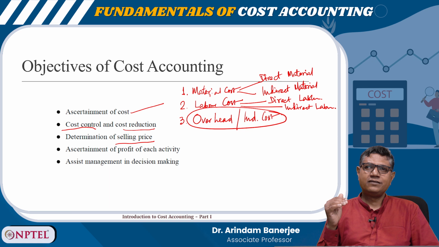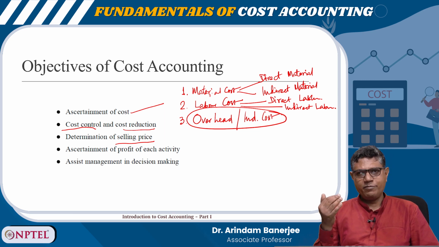Otherwise, if I sell it at a lower price, sometimes it happens that companies sell at a lower price, which is called penetration pricing, to enter into the market. But that can only be a short run provision. We cannot sustain penetration pricing for a longer term.